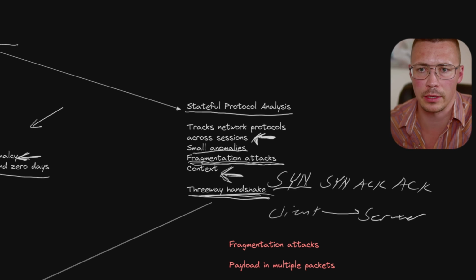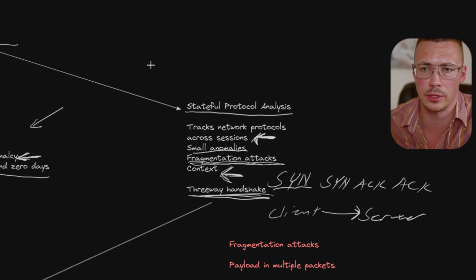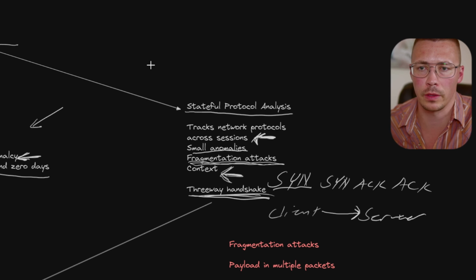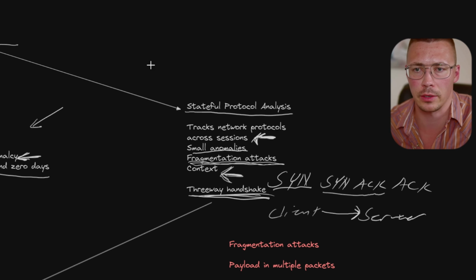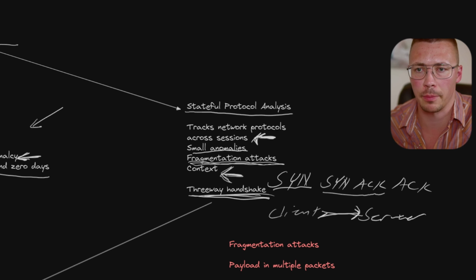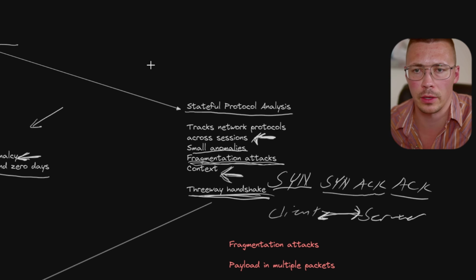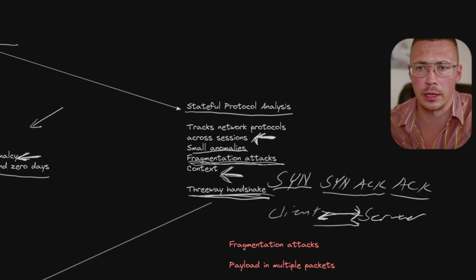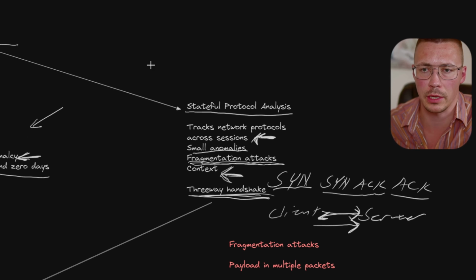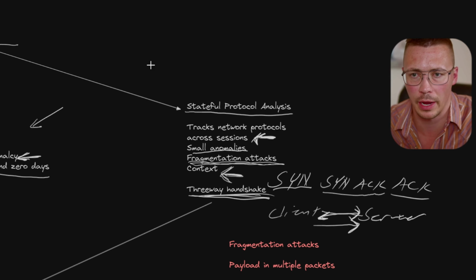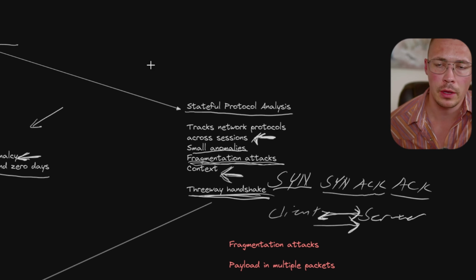The client is sending over a connection request to the server with a sequence number, saying they're requesting a connection. Then the server responds with synchronize-acknowledge, basically saying, hey, okay, I'm awaiting your next piece of data. And then the client sends back acknowledge, and this establishes the TCP connection. Like I said, this is a simplified way of explaining it.